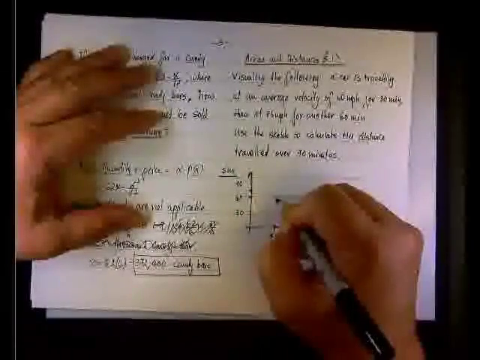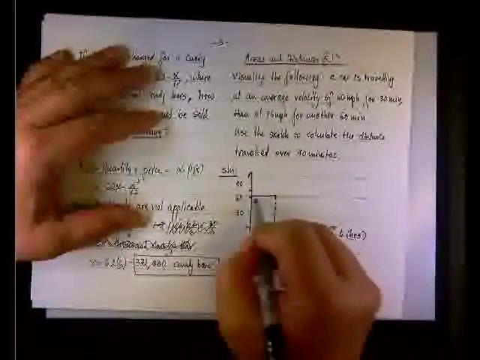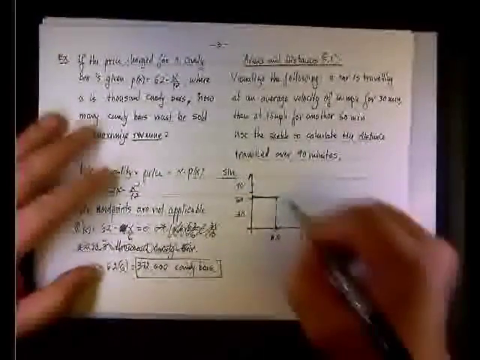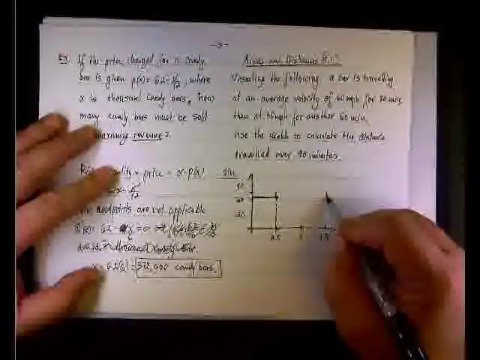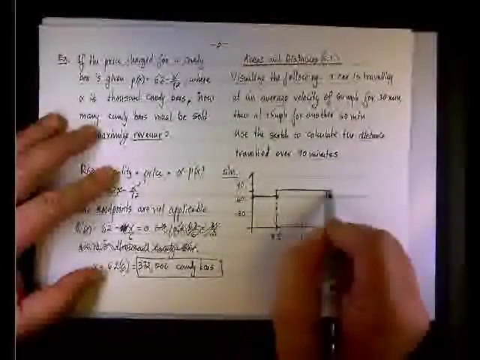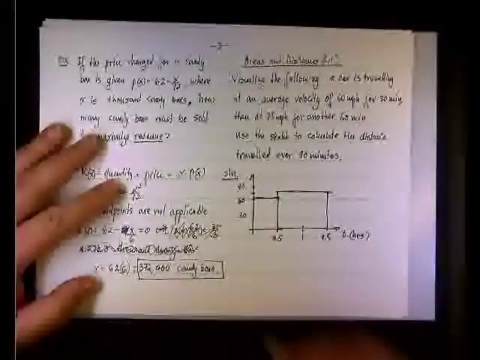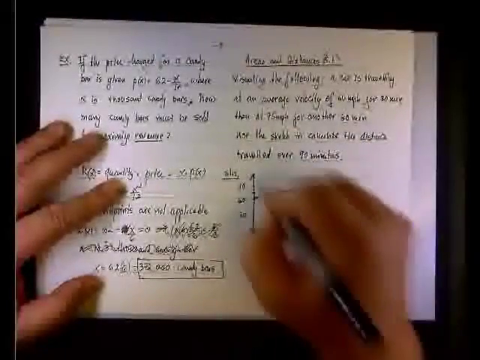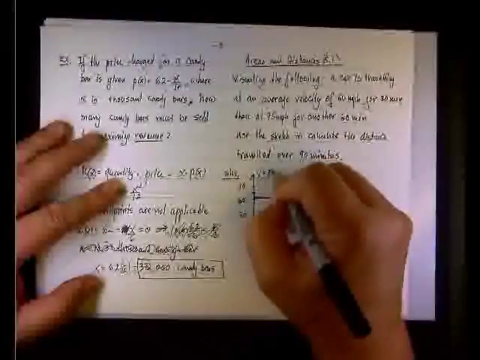So for the first half an hour, the car is traveling at a speed of 60 miles per hour. And then for the next hour, the car is traveling at the speed of 75. Now, since distance equals rate multiplied by the time, the rate, the velocity really, v of t, is the rate, right?